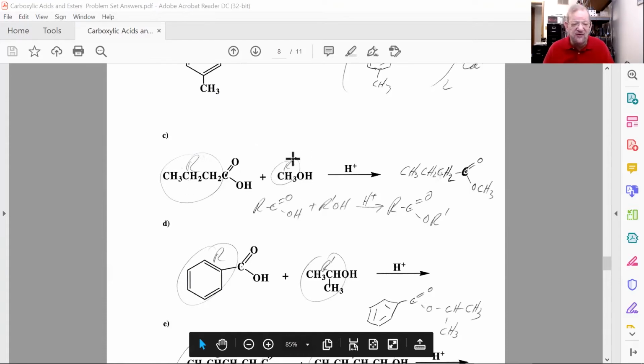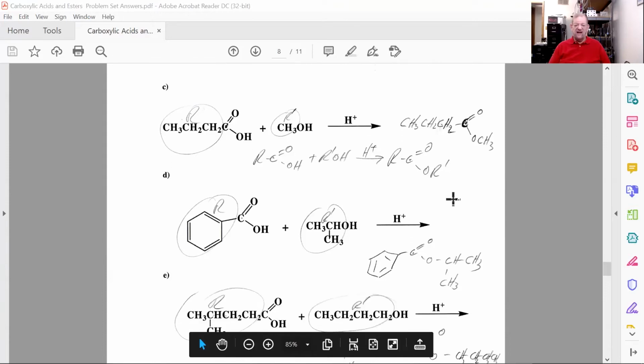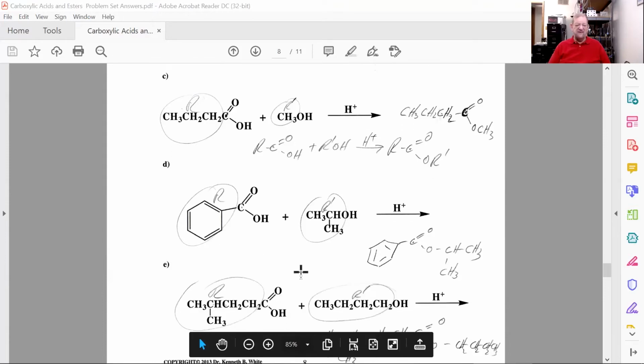The circle sort of got in the way of the prime or vice versa, but carbonyl, R group, 3 carbons, oxygen, R prime, 1 carbon. Remember, the carbon with the hydroxyl group is the carbon that the R prime will be attached to, this R oxygen. And you can see that true here.